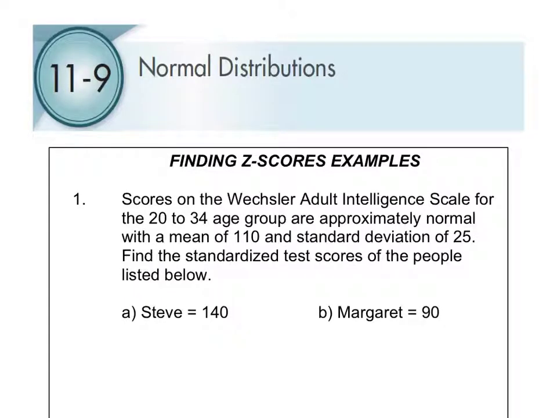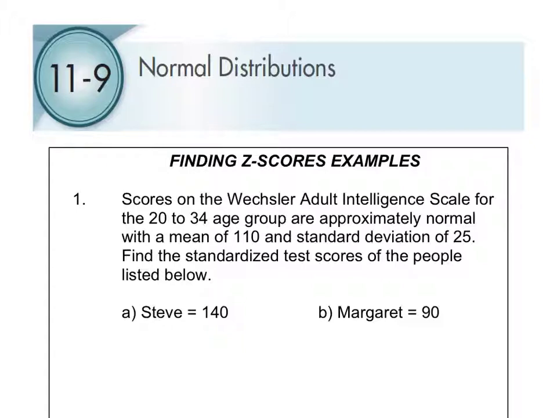Now let's go through and figure out how to calculate a z-score. Remember, I gave you that formula on the first page of your notes. We take whatever value we need minus the mean, divided by the standard deviation.